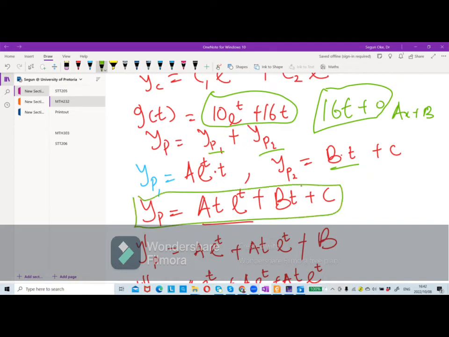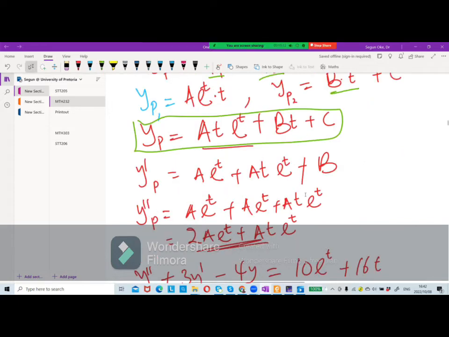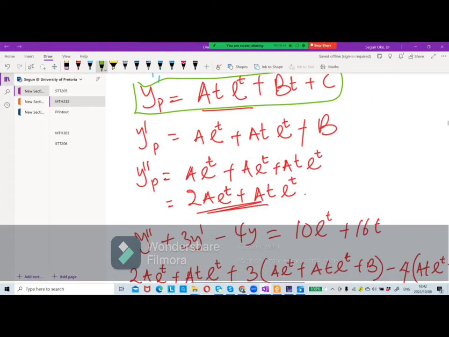Now we have the yp here. Then we can go ahead and differentiate yp. The first yp you need to differentiate. Remember that you have at exponential t here, which means I'm going to use the product rule at this point.